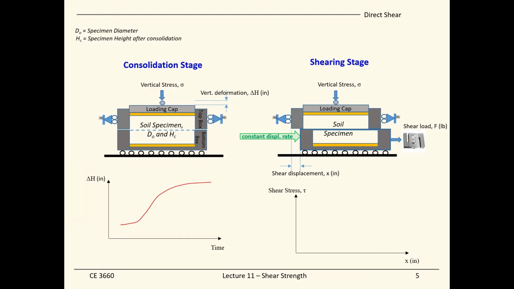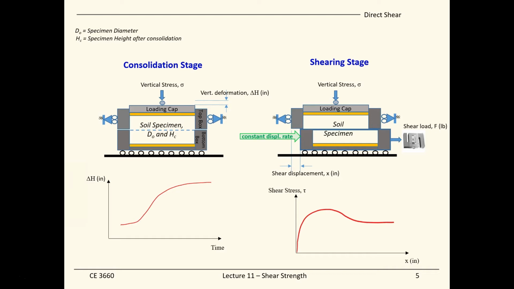We monitor the shear load divided by the area, and that gives us the shear stress. With the monitored shear displacement, we can come up with a stress strain curve of the tested soil sample.